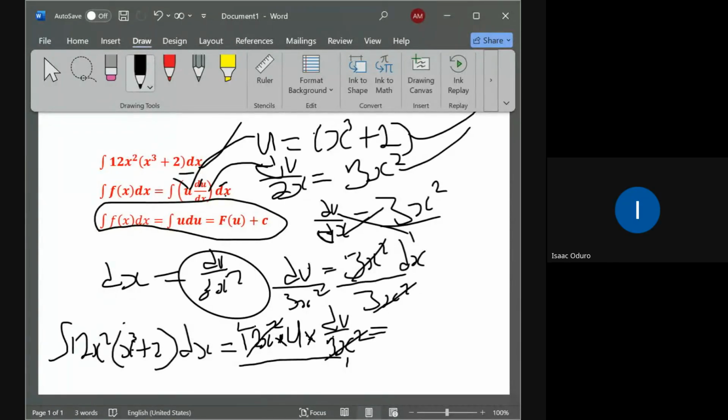Yes, 4. So at the end, what we are getting here is 4u, because this one is gone. So we are going to get 4u and then du here, because this one is also cancelled. So we have du.